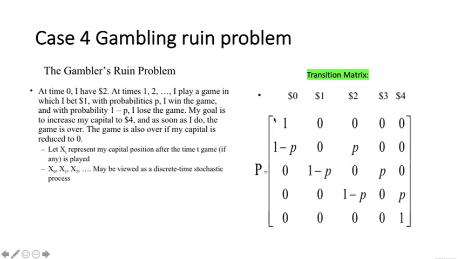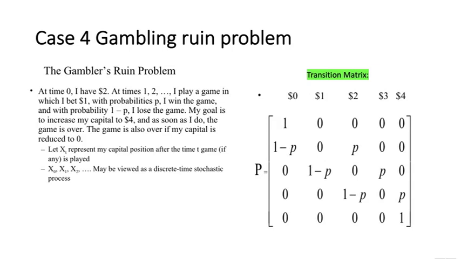If you cannot play the game, of course you cannot add money at all. So all the probabilities become 0 here. But 0 to 0, of course, yes. You have 0 now, and in the future you also have 0.